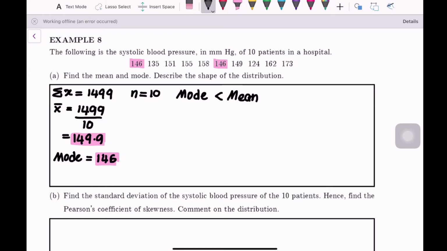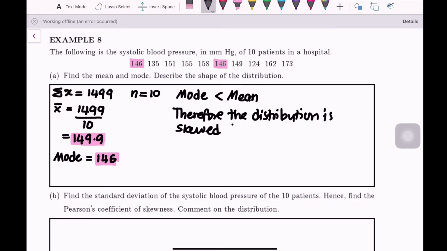Therefore, the distribution is skewed to the right.